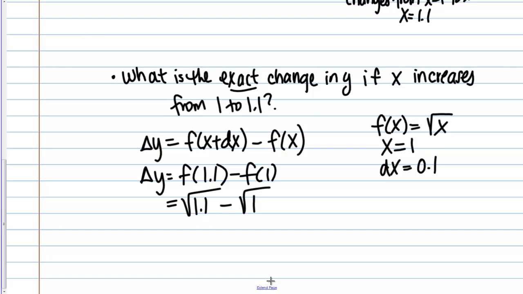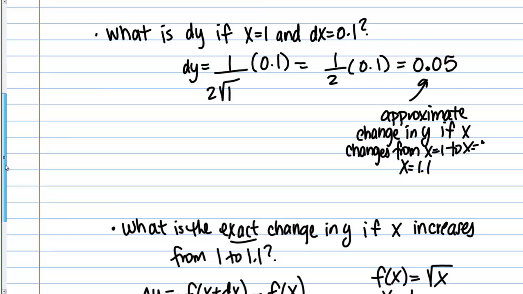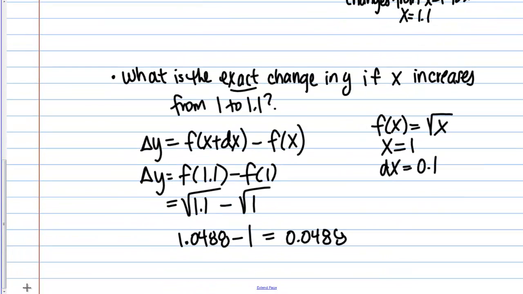Now the square root of 1.1 is about 1.0488, and then there are a lot more decimal places, but we'll cut it off there. The square root of 1 is 1, so we get 0.0488. So somewhat close to 0.05, which was the approximation we got in the previous part of this problem.